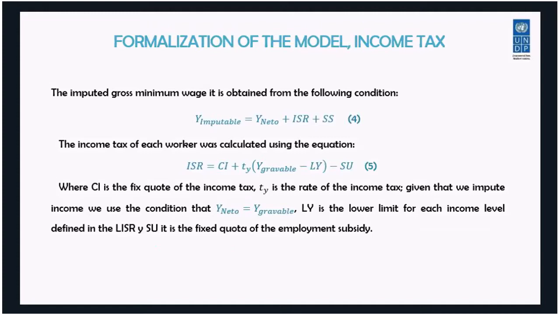And in that payment, you will see an item which is income tax retained, and another concept which is Social Security paid this month, etc. So the sum of your net income plus all the other concepts will give you an imputable income, which is the Y imputable in that equation, which is basically the gross income, right? So that is your gross salary.